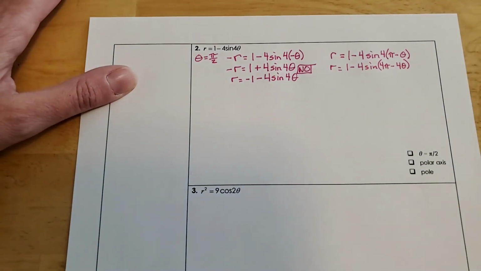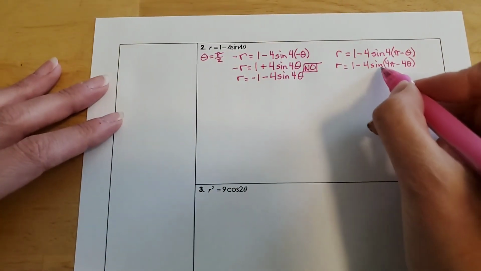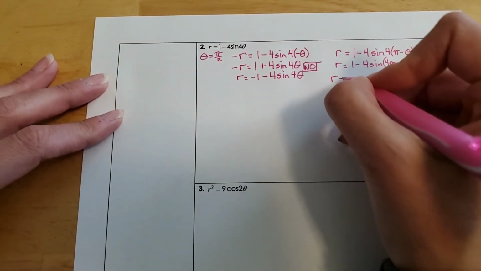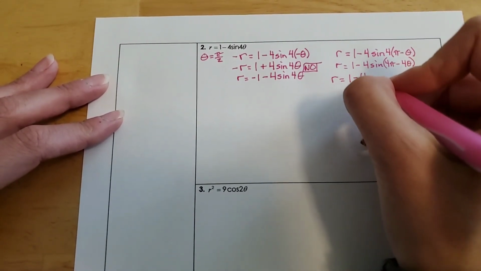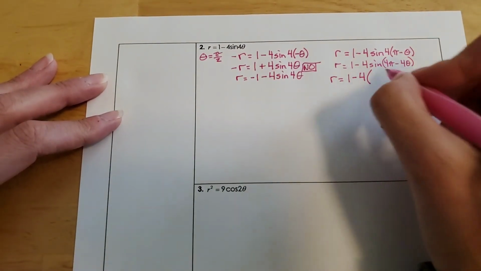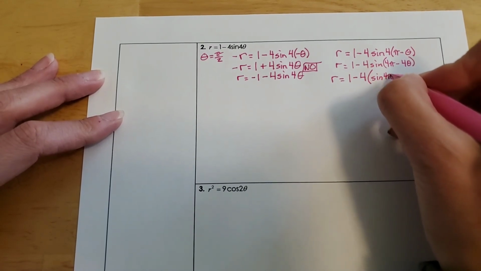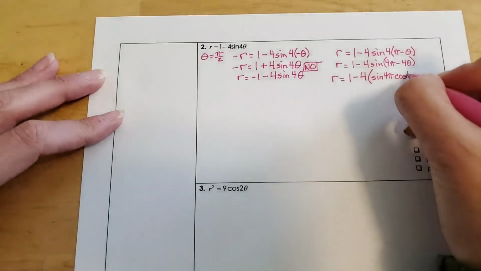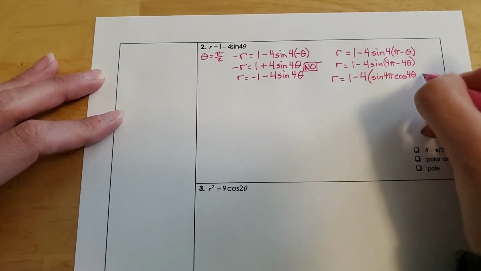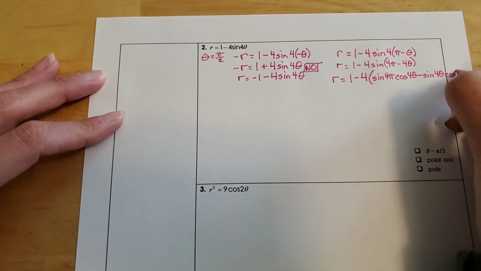So we have to distribute that 4 first before we apply our difference formula for sine. And when we apply that, that 4 in front is the coefficient, so put some parentheses there. And this would be sine of the first angle times cosine of the second angle minus sine of the second angle times cosine of the first angle.